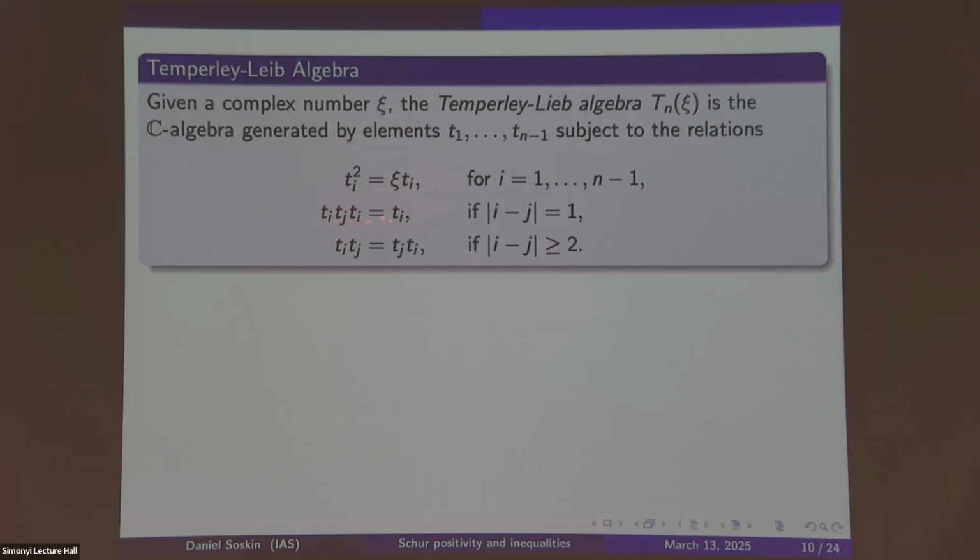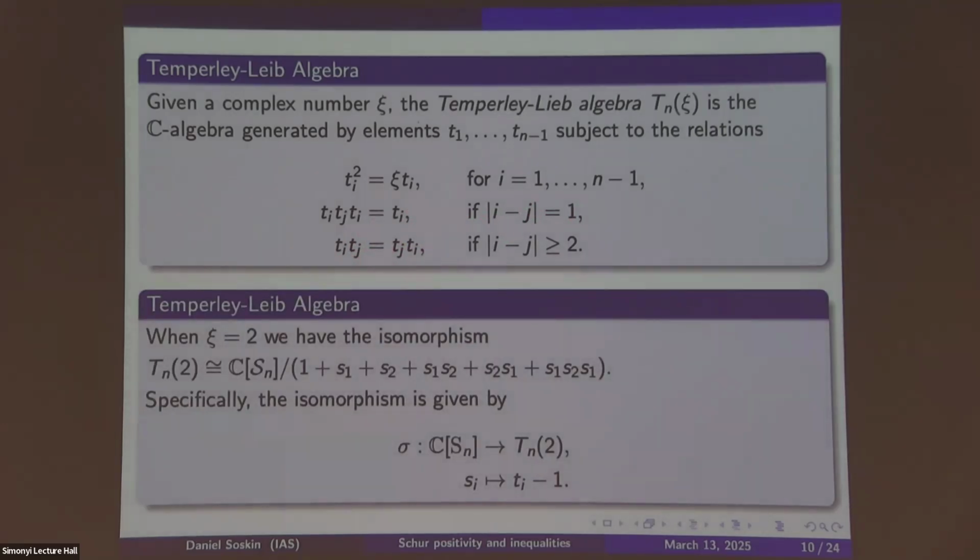We have t_i t_j t_i equals t_i if i and j are adjacent, and otherwise t_i t_j commute. The Temperley-Lieb algebra is a quotient of the symmetric group algebra by the ideal generated by one element, which is the sum of all these elements. It is obtained by sending s_i to t_i minus 1.